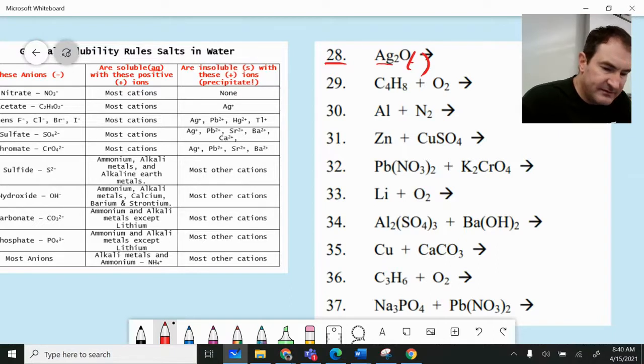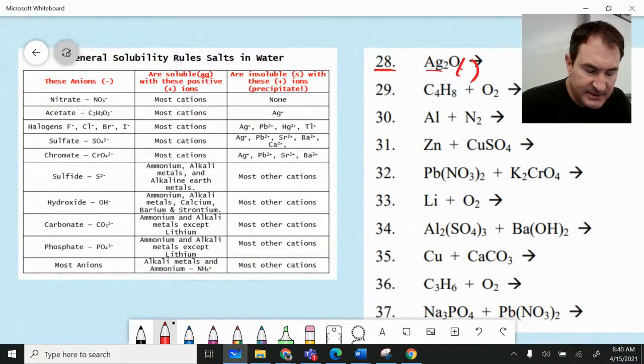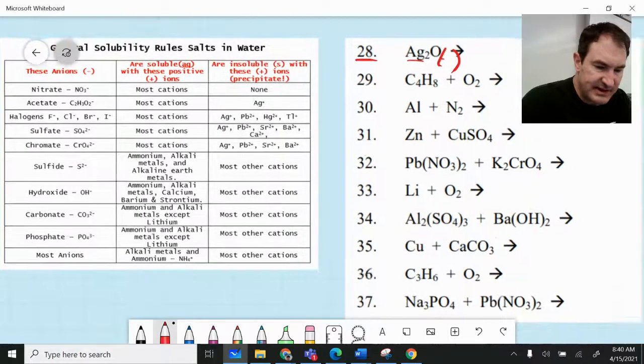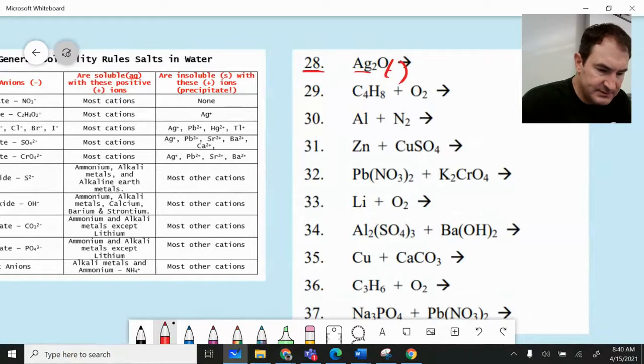So first of all, what kind of compound? This is not an element, right? It's not molecular because it's a metal and a non-metal, and so this is going to be ionic. Now, it's ionic, and this is a decomposition reaction. Now remember what I told you. If it's in a decomposition reaction, I would assume that water is not present.